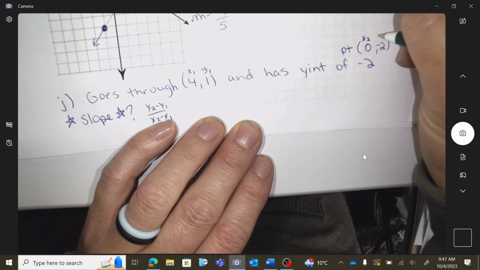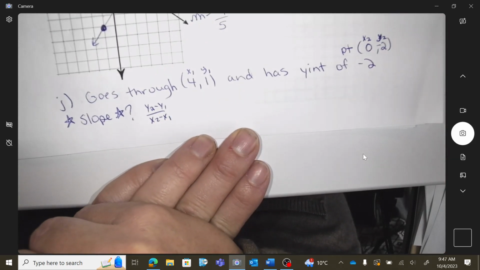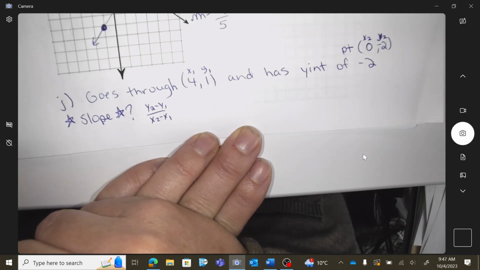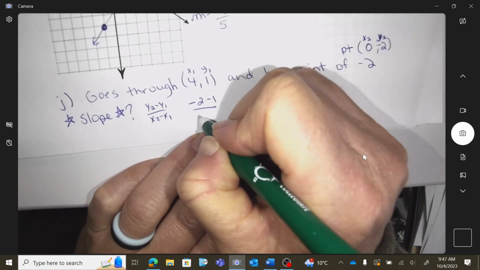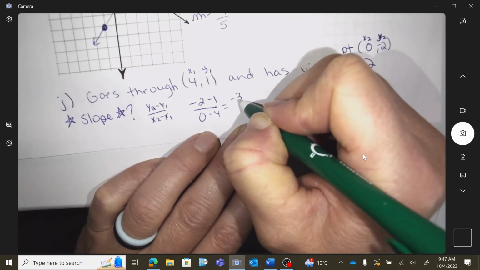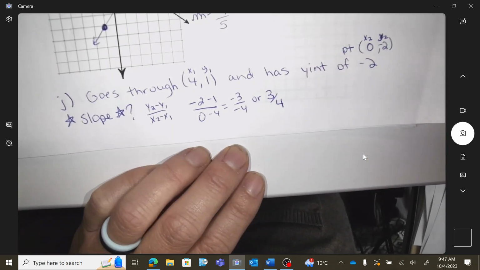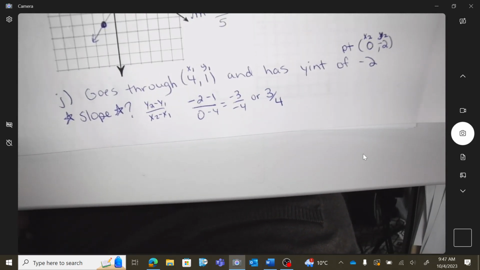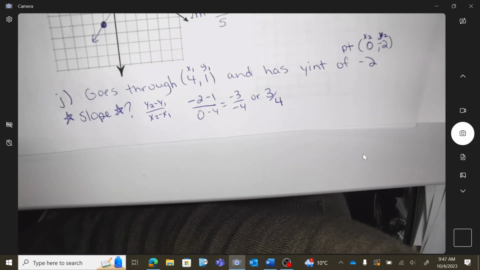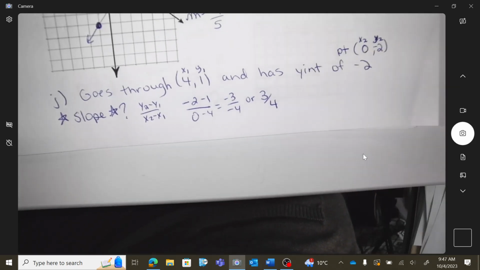This would be the second x, the second y. Okay, so now you have your slope.